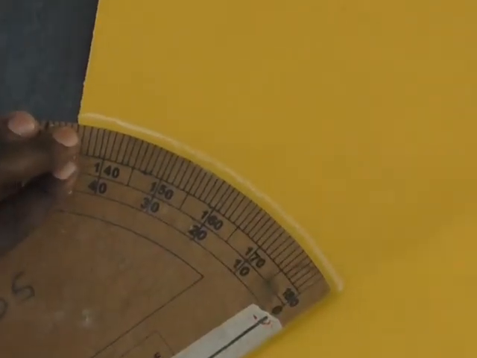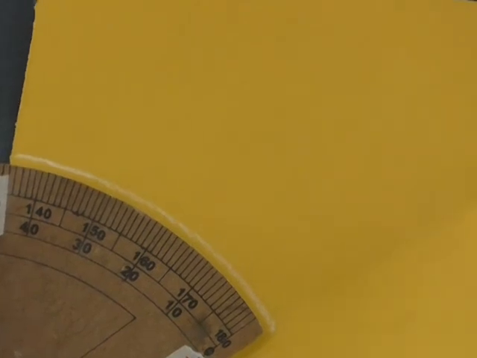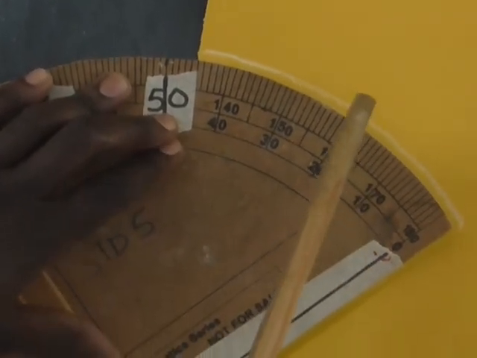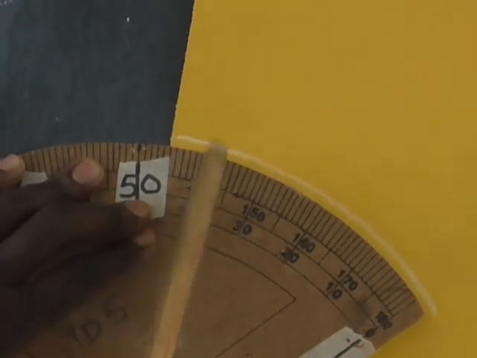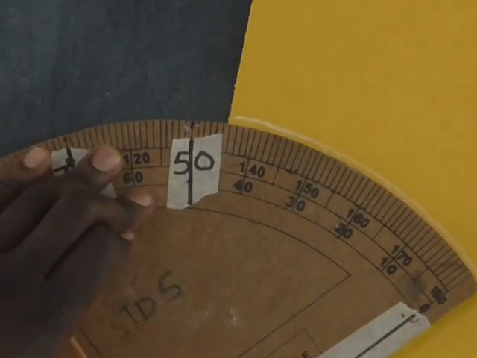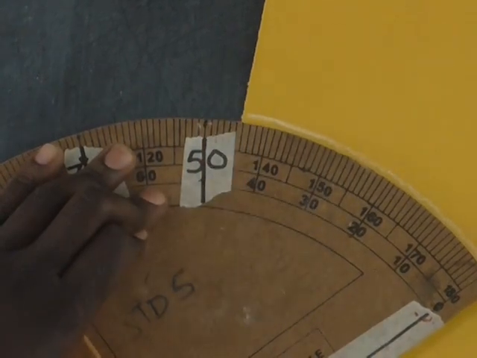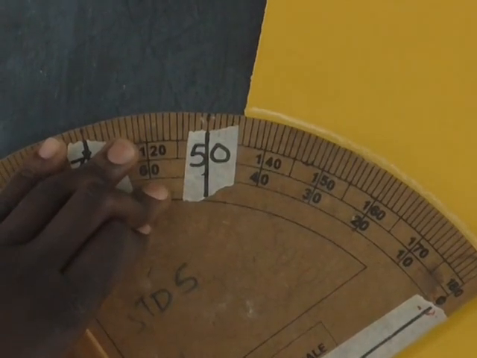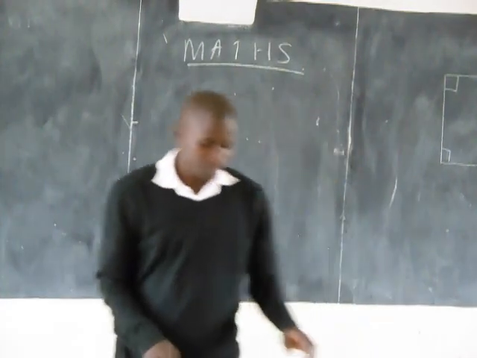Up to that point. Using the inner scale, 0 to 10, 20 to 30 to 40, 50 is this side, at the middle you'll get 45. Everybody, are you doing that?